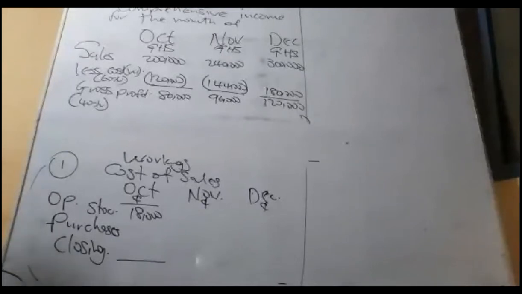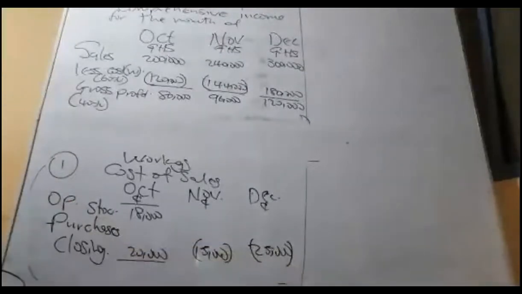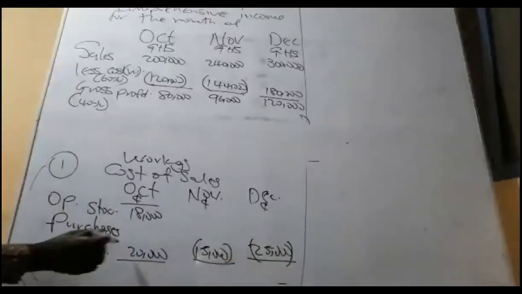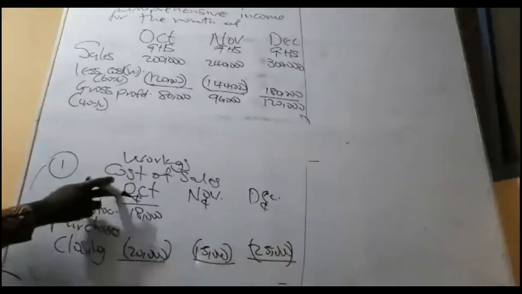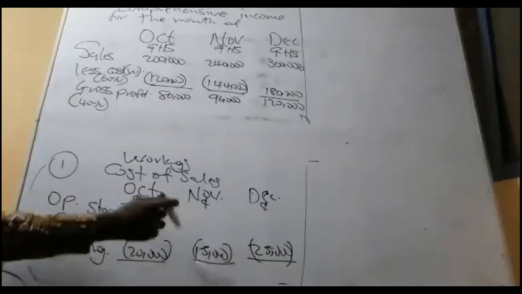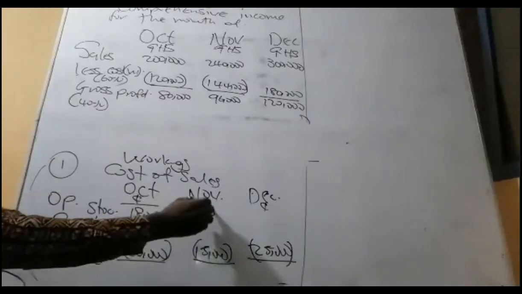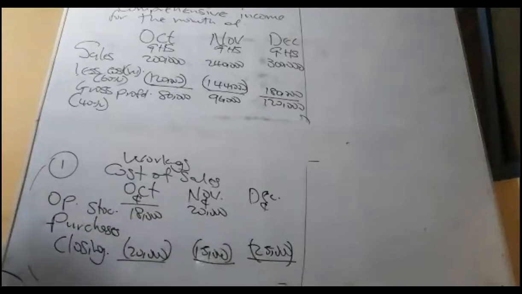Open stock, we said that it was 18,000, and the closing stock we had 20,000 here, we had 15,000 here, and we have 25,000 here. All of them are coming from the question. We said that it is what? Closing for October, which becomes open for what? November. So 20,000.